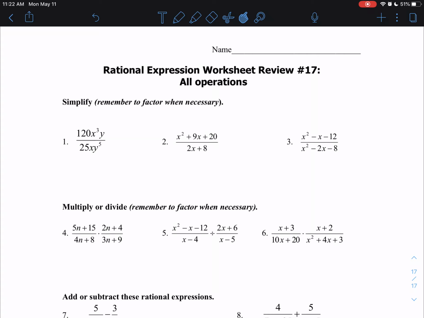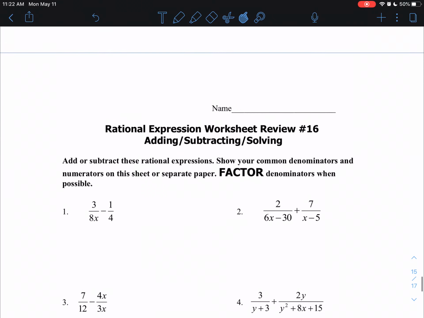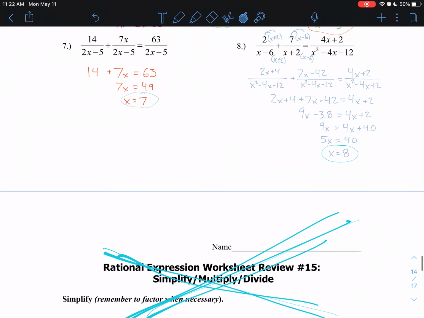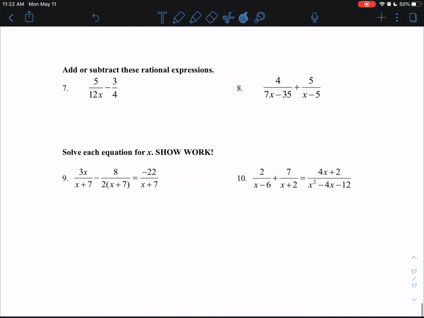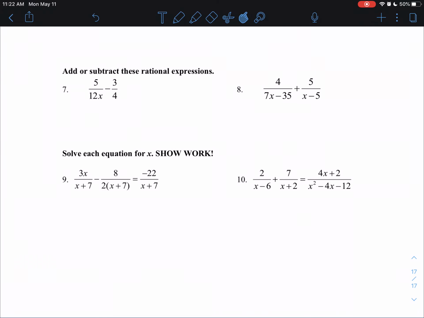We'll be doing some graphing rational expressions at some point, probably by the end of the week. But yeah, I will post another one of those assessments for pages 13, 16, and 17. So get those done. Bye.